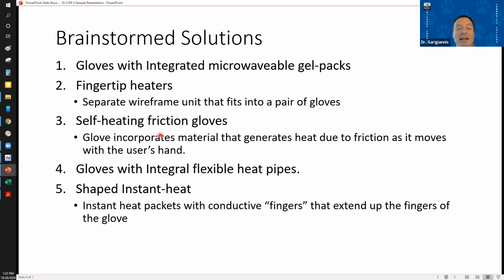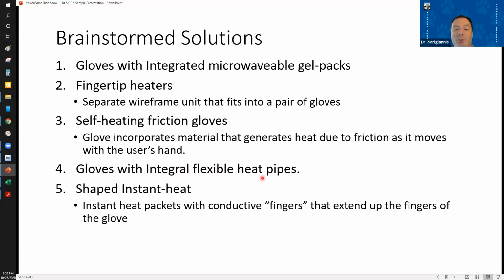I think it's like self-heating fabric or something. So I gave it a more descriptive name, self-heating friction gloves, but I didn't feel this was still descriptive enough. So I just talked about it here. We have a glove made out of a material that generates heat by friction as you move your hands, right? So that's the idea behind this self-heating friction glove.